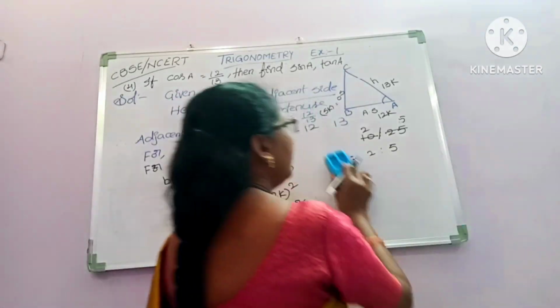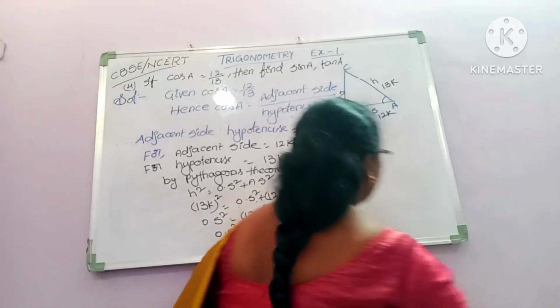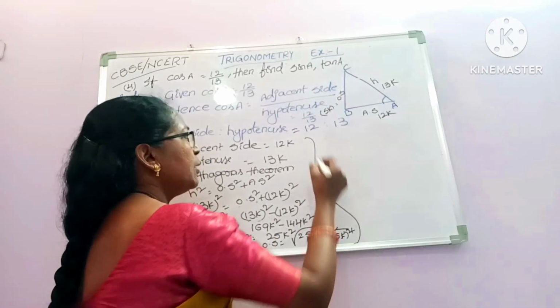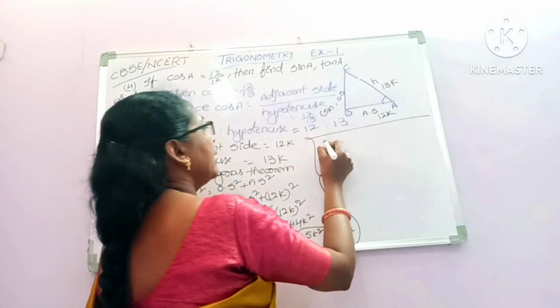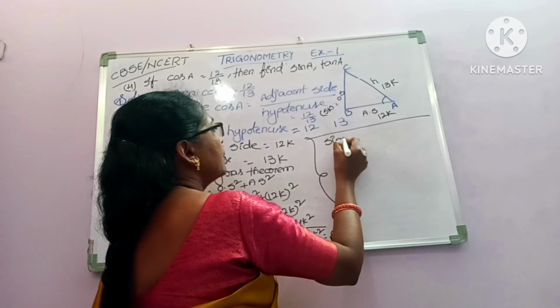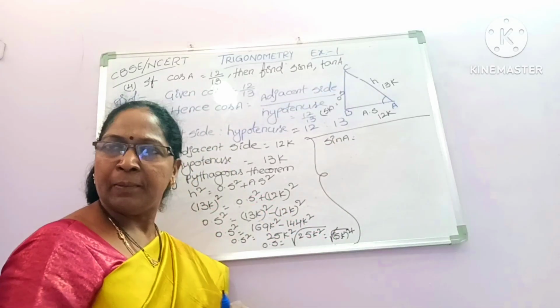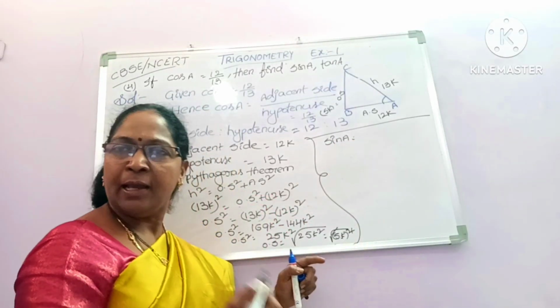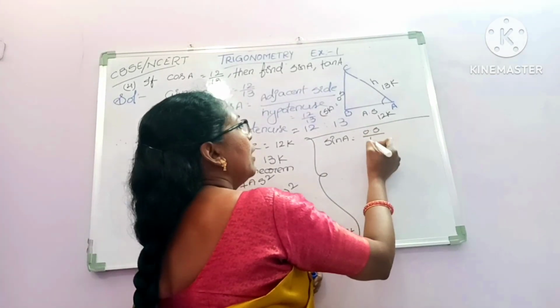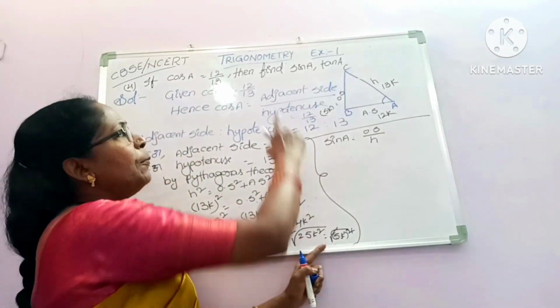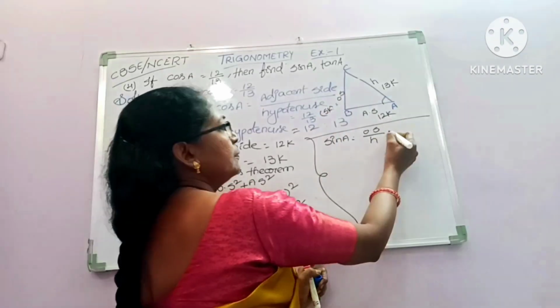Next, whatever values are required, you have to find out. Just keep the bracket here. Required values are sin A and tan A. Sin A equals, what's the formula? Opposite side by hypotenuse. First you write it. So the opposite side, what's the value here?